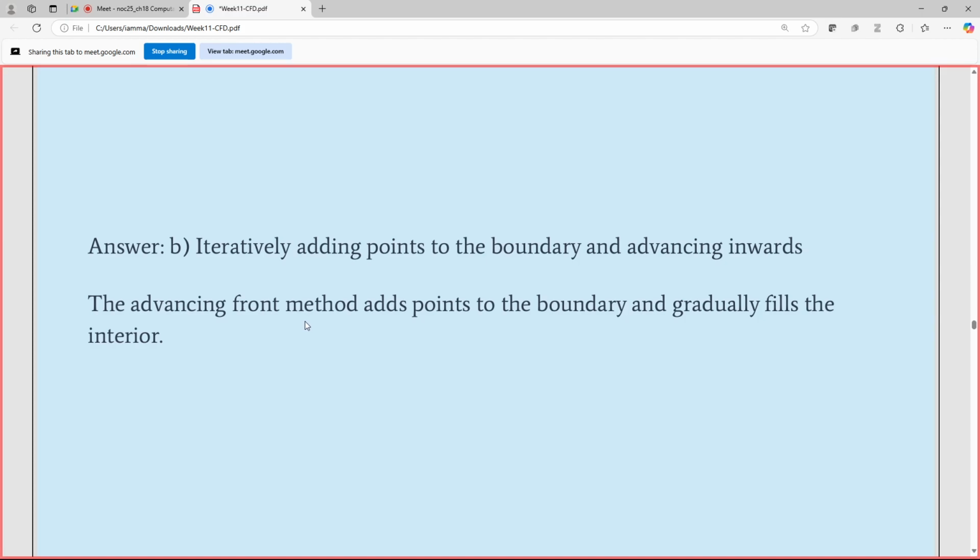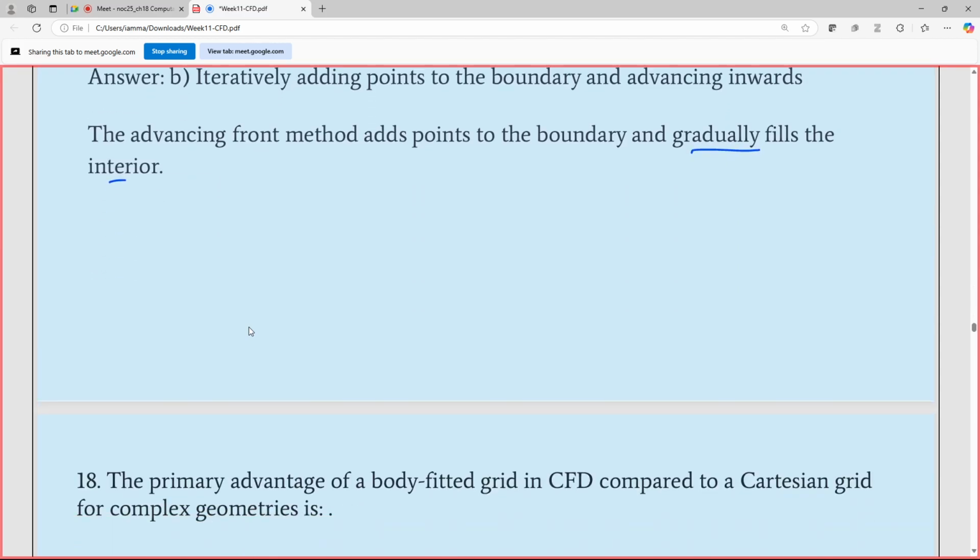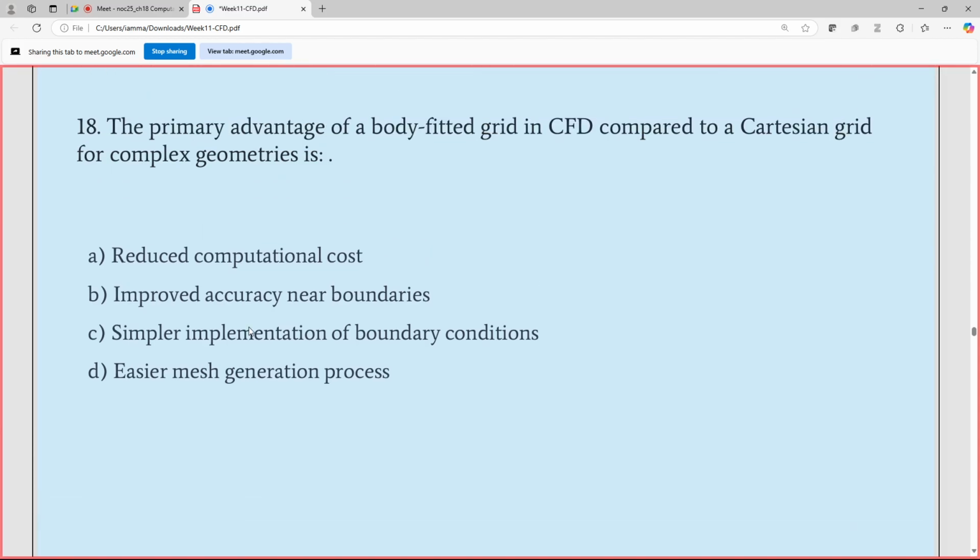The advancing front method first subdivides the boundary into smaller segments by adding points on the boundary, and then it gradually fills the interior of the geometry. Next question, moving on to the next question.